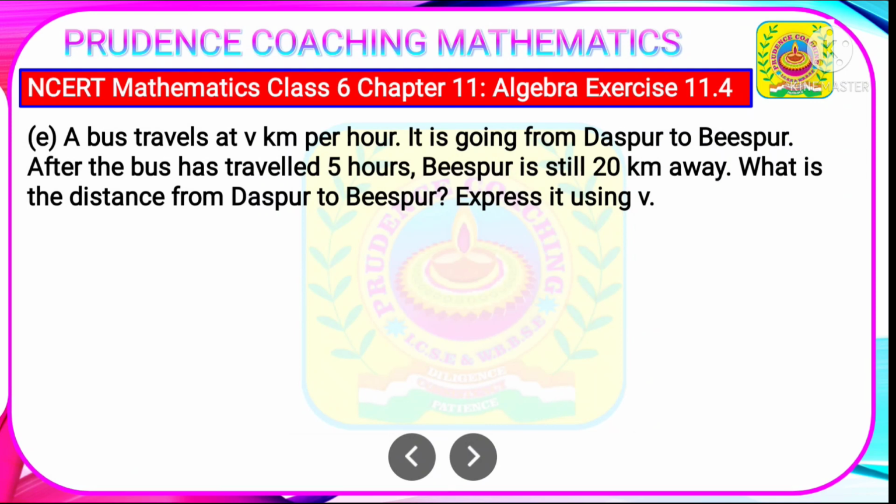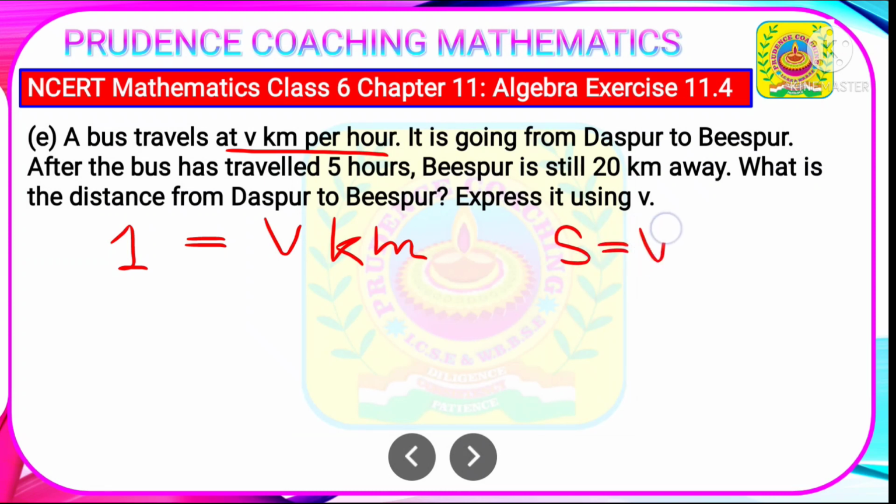A bus travels at V km/h. That means in 1 hour the bus is traveling V kilometer. So this is the speed of the bus. So speed equals to V km/h. Okay.